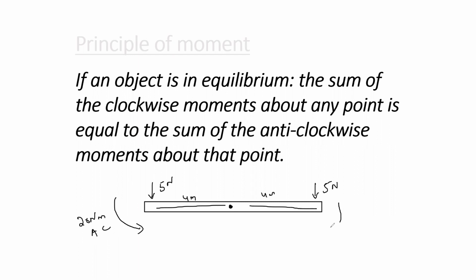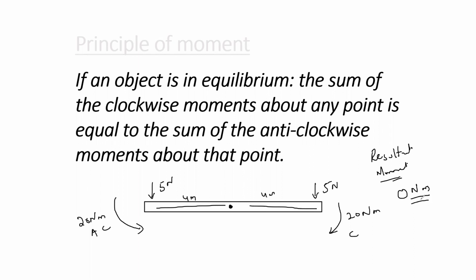And the clockwise moment, 5 multiplied by 4, is also equal to 20 Newton meter clockwise. So what was the resultant here? Because the two moments are in opposite directions, the resultant moment was 0 Newton meter.